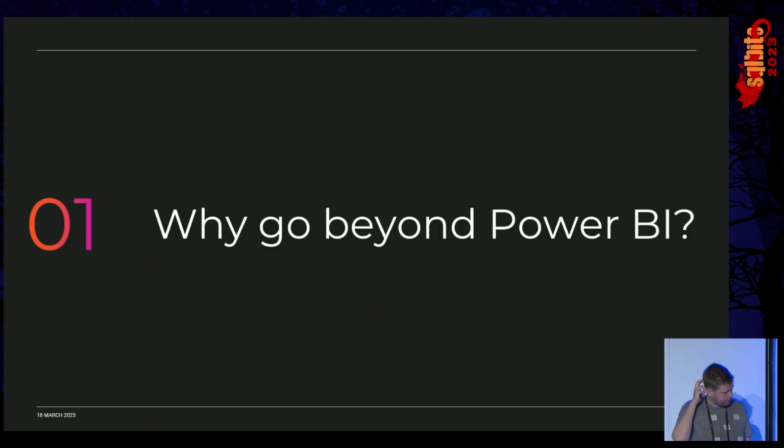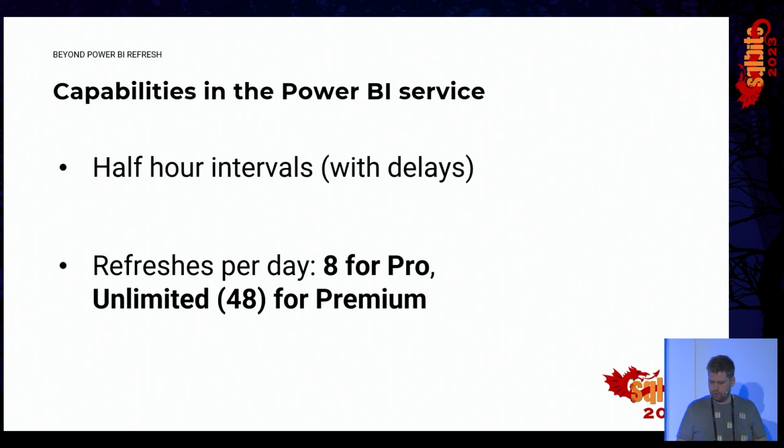So for the first question, why would we even want to go beyond what we can do in Power BI? Because we can do most of the things in Power BI. Well, there are some limitations. The first limitation is, of course, the UI only lets us choose refreshes for half-hour intervals. We can refresh at 9 in the morning. We can refresh at 9:30. But if I wanted to do it at 9:05 or 9:10, it's just not possible.